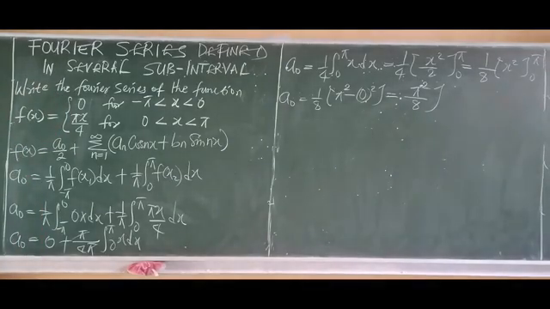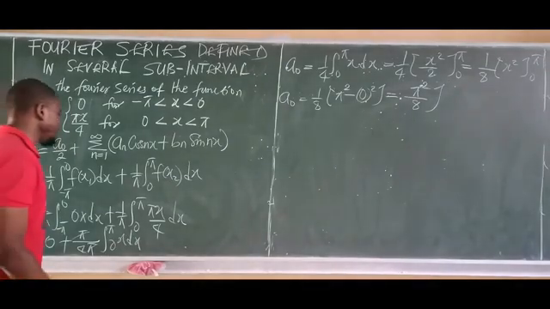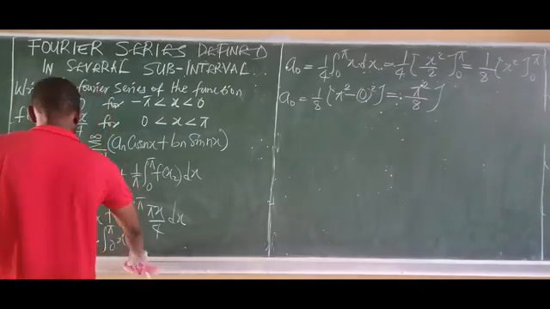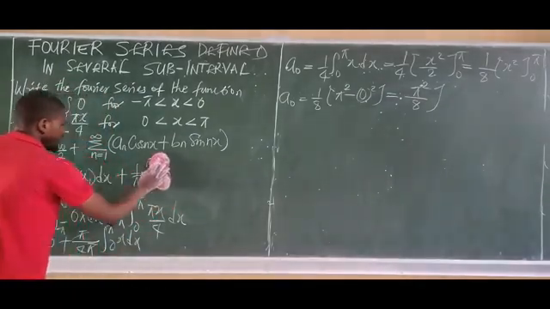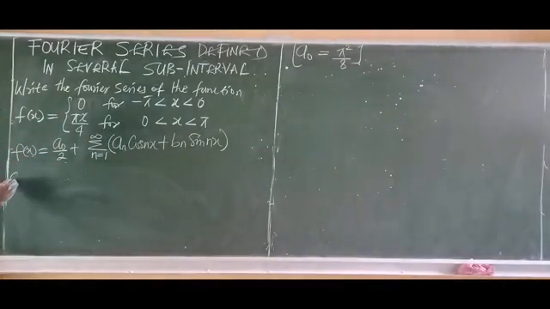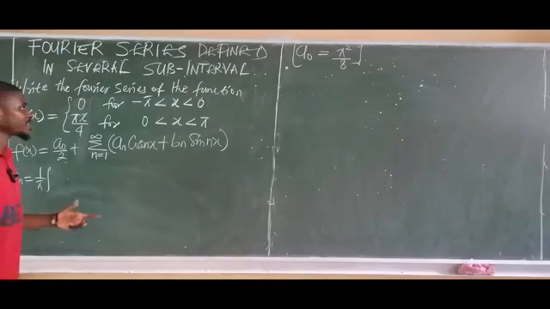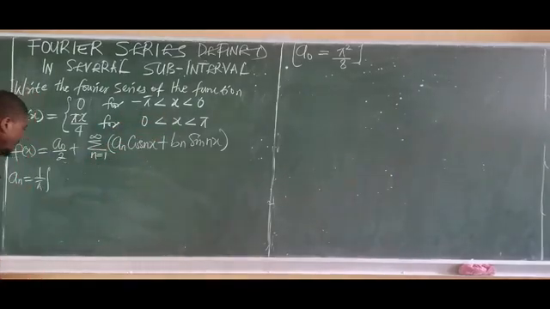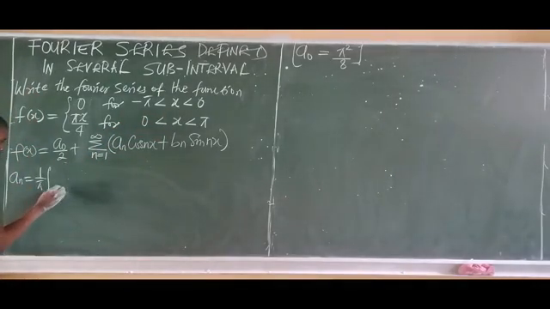Having found a naught, the next thing now is to find an. So let's continue from here. To find an, an is equal to 1 all over pi integral, the very first interval from minus pi to 0. So we have from minus pi to 0.